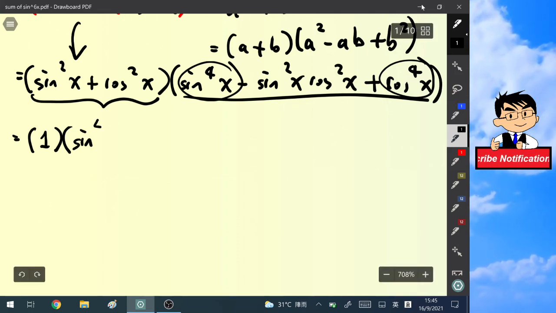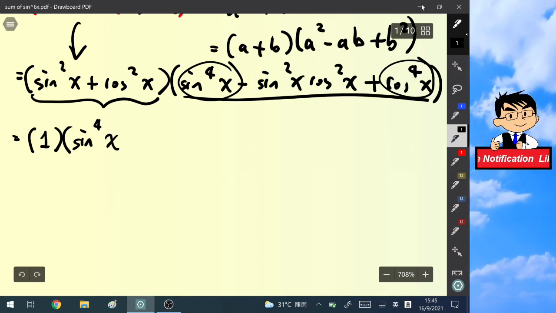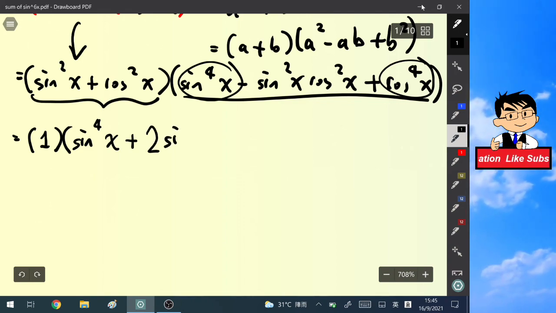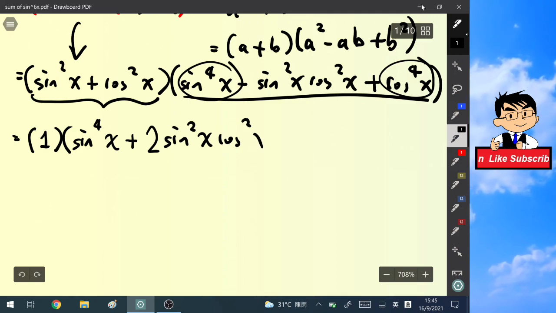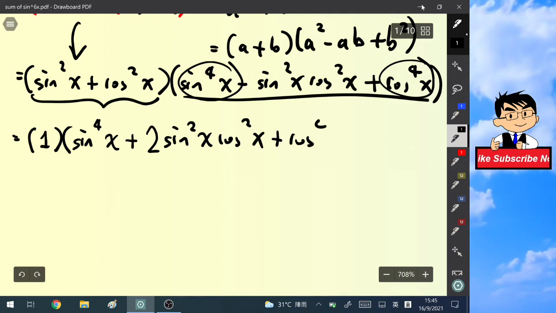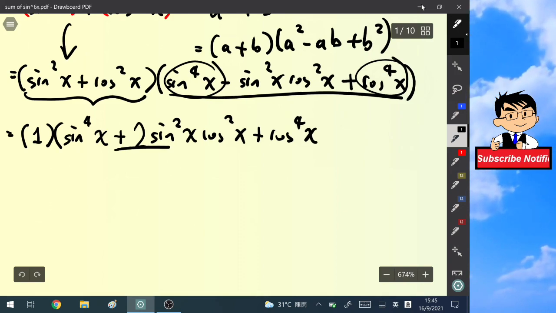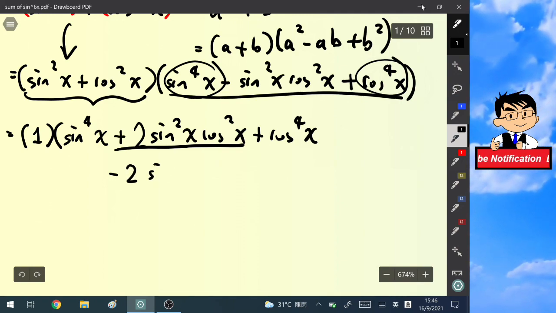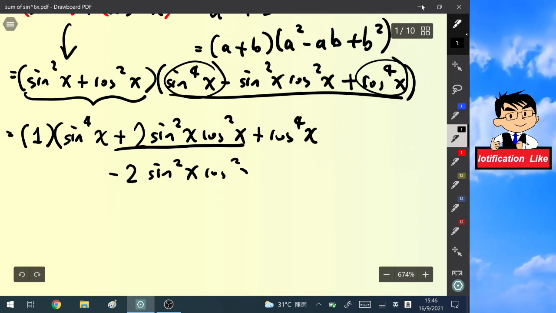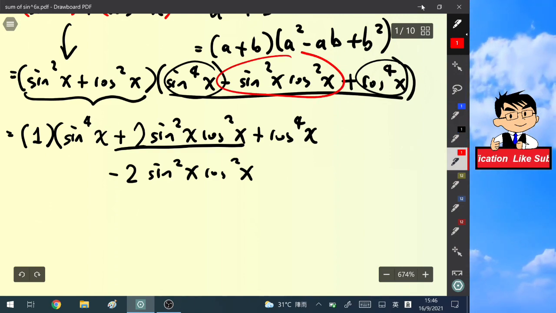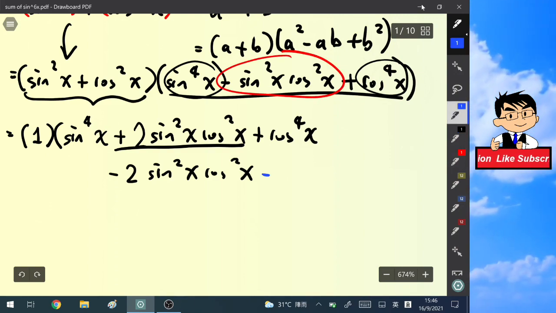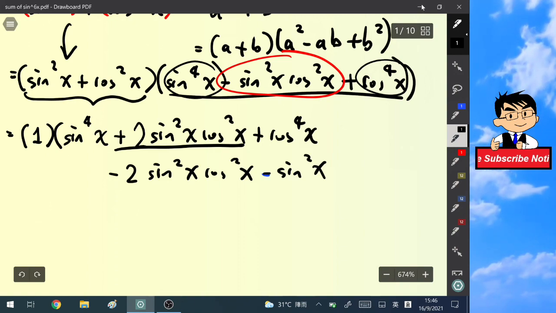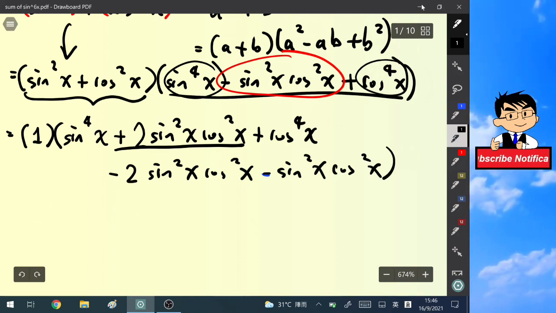We write down sine to the power of 4 x plus 2 sine square x cosine square x plus cosine to the power of 4 x, and we add this term while at the same time subtracting the same term, and don't forget the original minus sine square x cosine square x. So I write it like here, minus sine square x cosine square x in brackets.